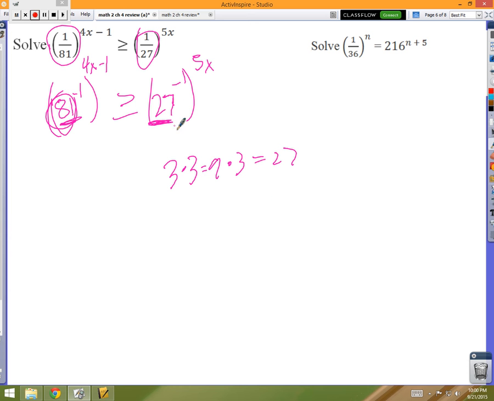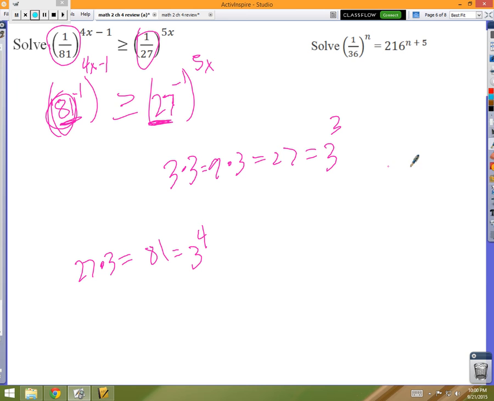So you can swap out 27 for 3 cubed. And if you take that 27 and you times it one more time by 3, that's your 81. So you can create an 81 just with 3's, and you can create a 27 just with 3's. So 27 is 3 3's, and 81 is 4 3's.